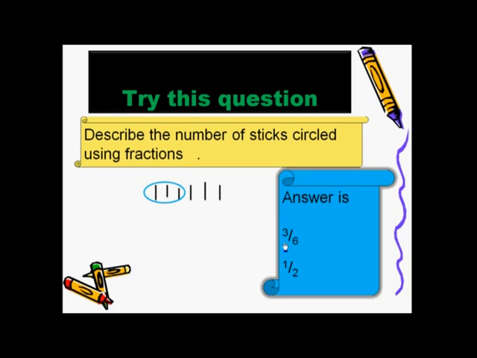Okay, you might be asking, how is that so? Now if you count each stick, 1, 2, 3, 4, 5, 6. Now how many sticks are circled? 3 out of 6. Or if you realize, we divided these 6 sticks into two different groups, so you get 3 on one side and 3 on the other side. It is 1 out of 2 groups of sticks.